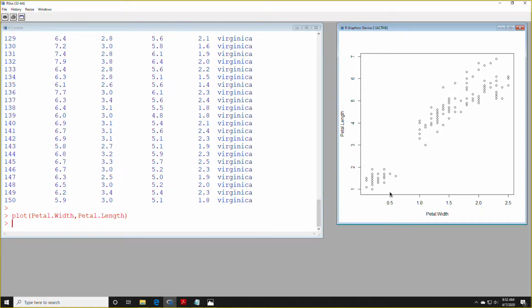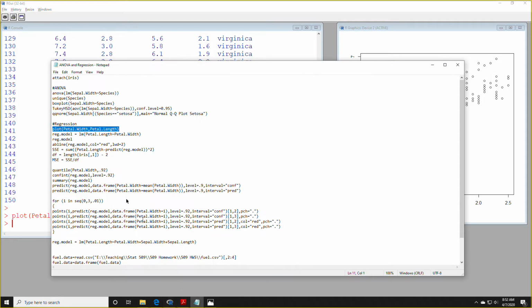There doesn't appear to be a terrible amount of curvature or some strange wiggly pattern, right? Or some bimodal or unimodal pattern where it goes up and back down. So that's a nice look to see that the petal width and petal length seem related.